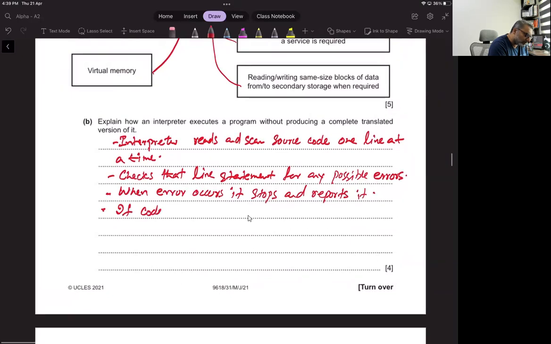If the code line is correct, it executes it.